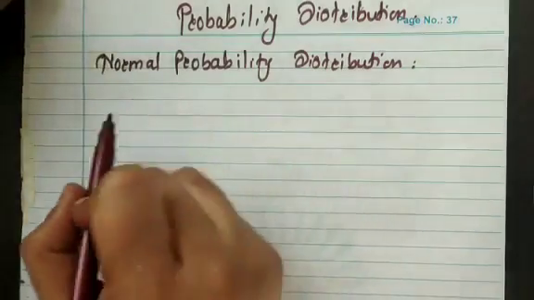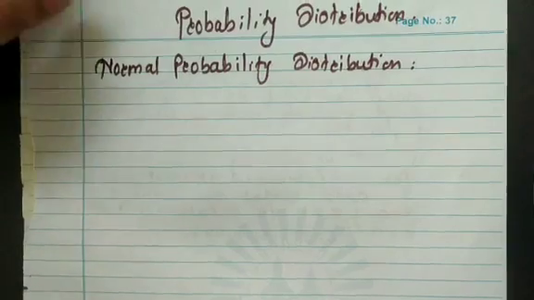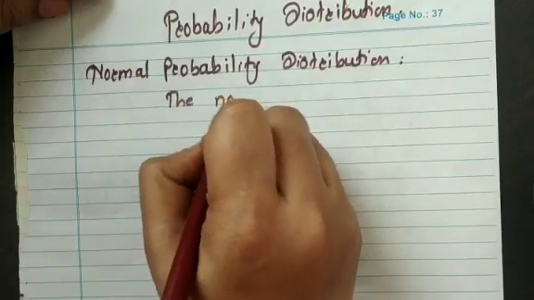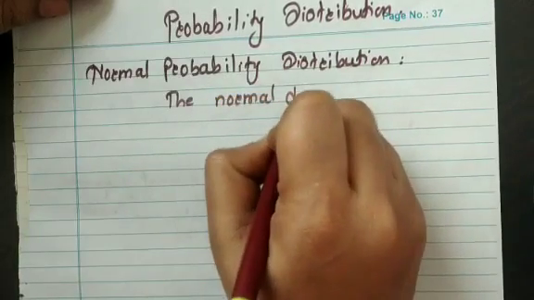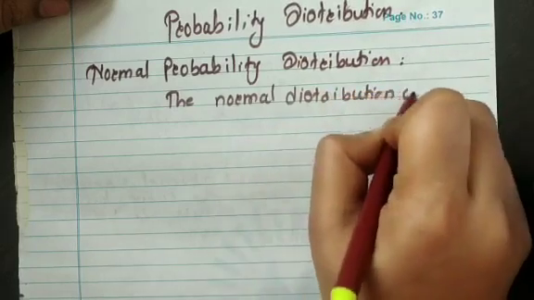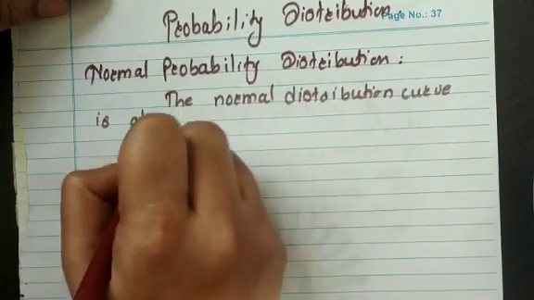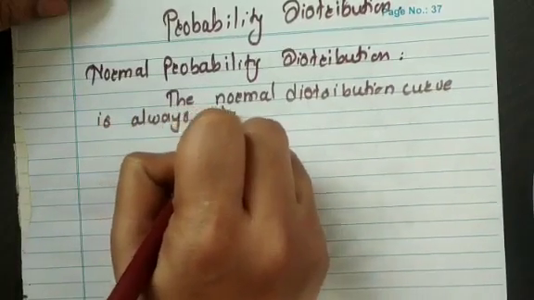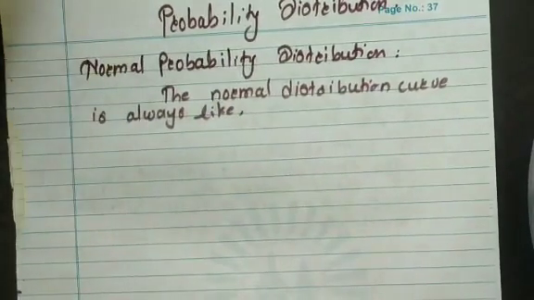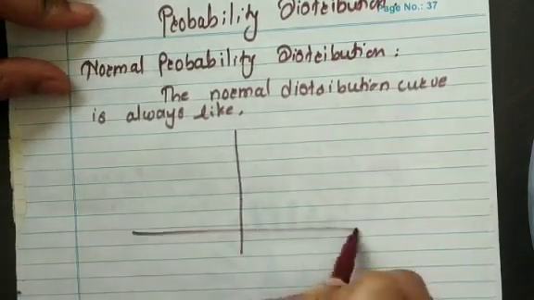Hello everyone. Today's topic is normal probability distribution. The normal distribution curve is always like this.